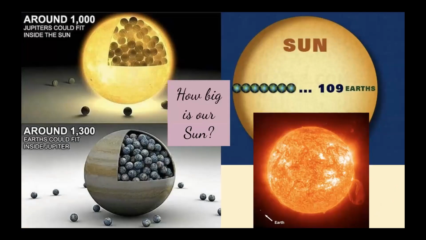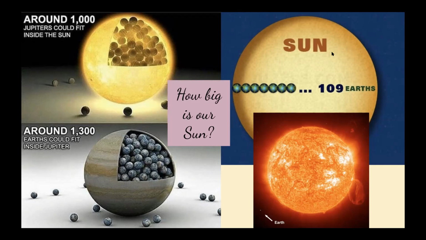Now we're taking a look at just how massive our sun is. You can take a moment to look at these different diagrams and see if you can make any observations about the size comparison between the sun and various objects in space. I thought some of these graphics were very eye-opening, to give you a good idea of how massive our sun is.